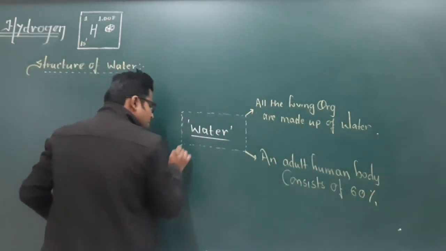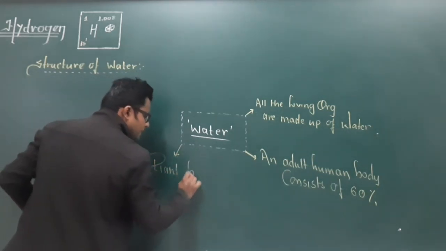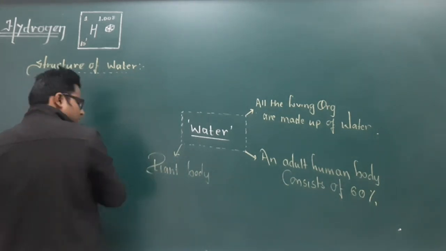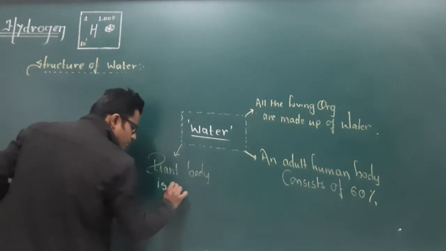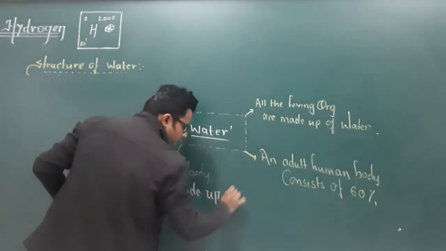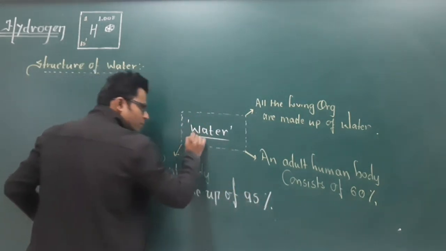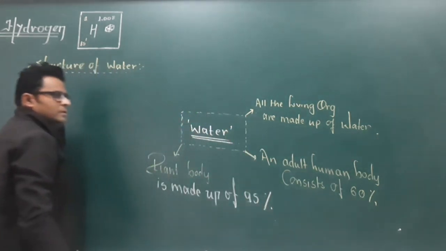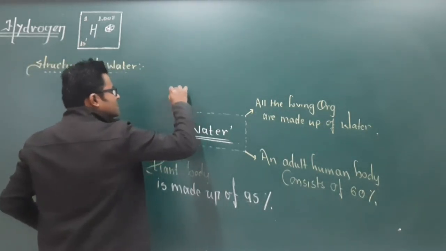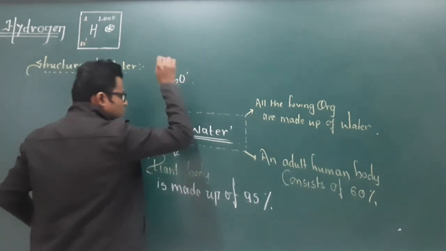There are few plants in which the plant body is made up of 95% of water, right? So finally, as we know, the scientific representation, the chemical formula, is H2O.